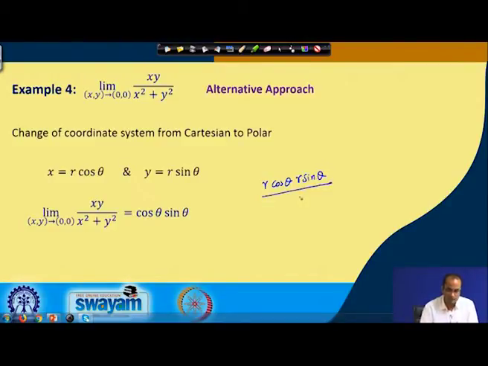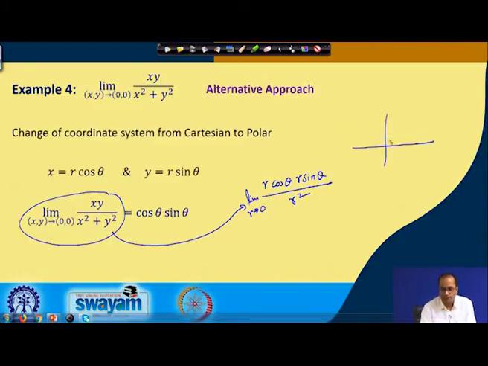and then x square plus y square will become r square, and this limit here, (x, y) goes to (0, 0), will be the limit as r goes to 0, because in the polar coordinate now we have this r and this is theta and this is r.